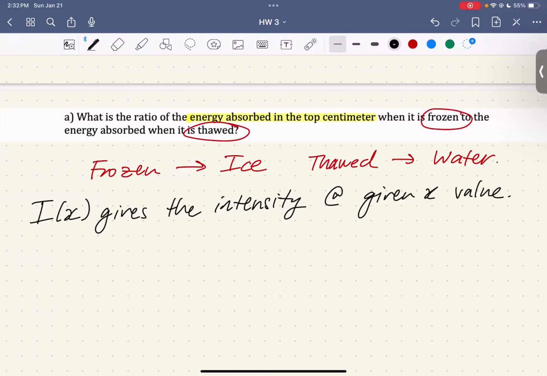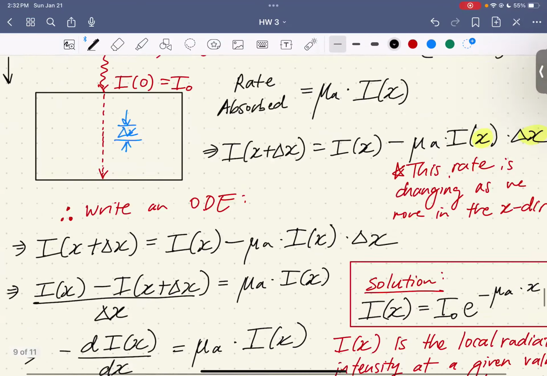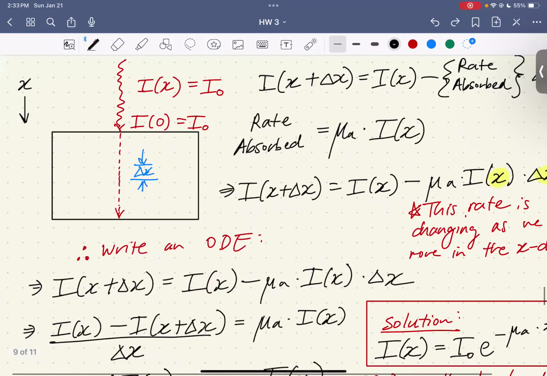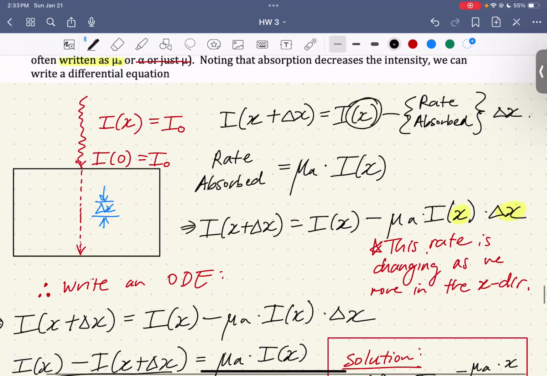So the question, however, is asking about the energy absorbed. The energy absorbed is not the intensity. So what is the energy absorbed? And you might have seen this word absorbed earlier, and you're right. We talked about the definition when we first derived this ODE as it's going to be this rate absorbed, right? That means the difference between intensities. So the difference between intensities is actually the rate absorbed. So this is x, at maybe let's say that 1 centimeter level.